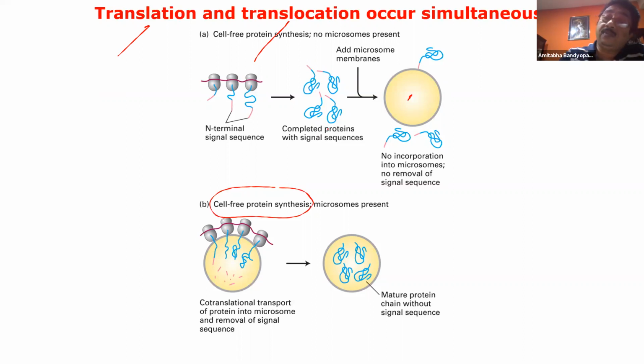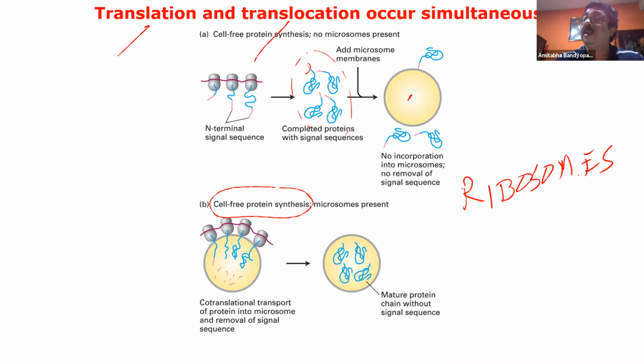If you do the translation in vitro first, the larger form is made, so the signal peptide will be there. But even if the signal peptide is there, it will still not be able to get inside the vesicle. So there has to be an involvement of the ribosomes in the process of getting inside the ER.